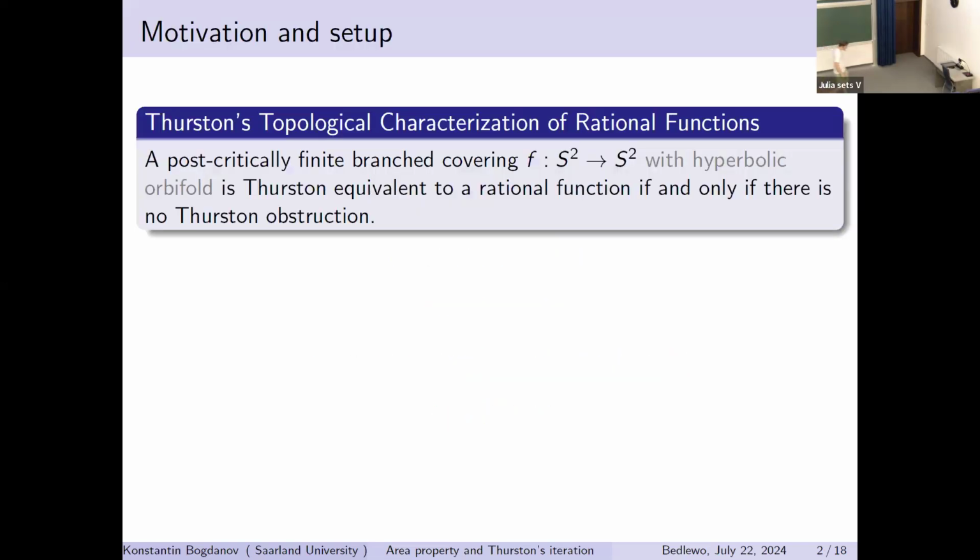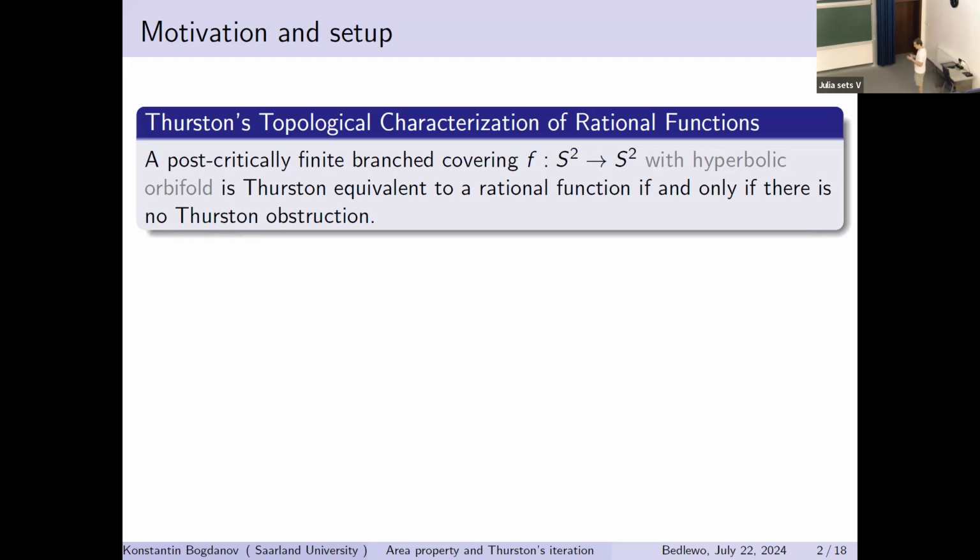Yeah. So let me go straightforward to the matter. There is a result that most of you, or maybe all of you, know very well. It's Thurston's topological characterization of rational functions. It's an important tool.